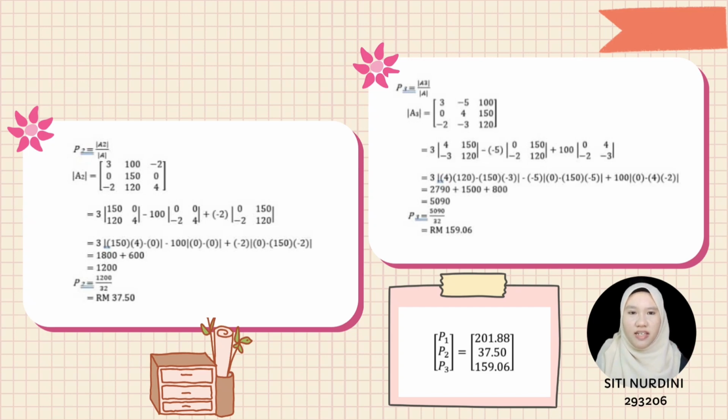For price 3, it is 5090 divided by 32, which gets 159 and 6 cent. So we conclude that P1 is 200 ringgit 88, P2 is 37 ringgit 50 cent, and P3 is 159 ringgit 6 cent.